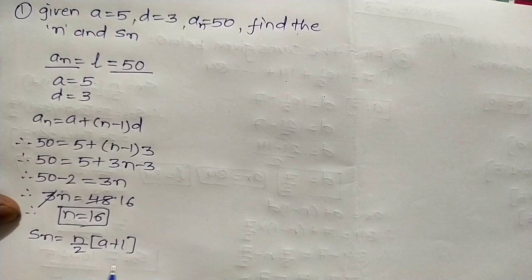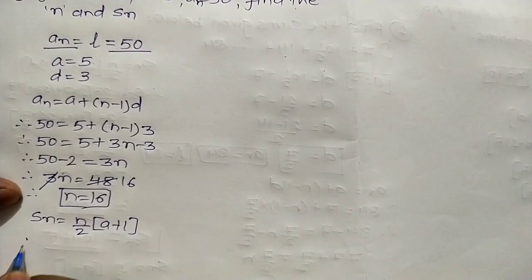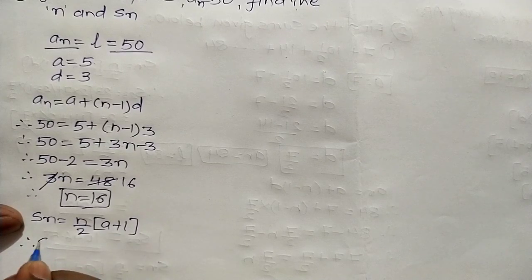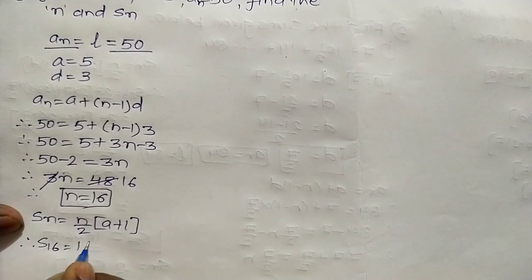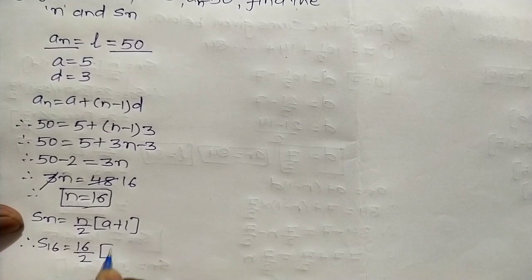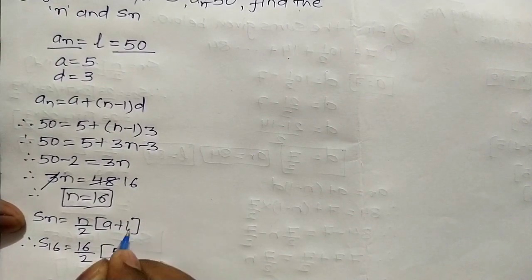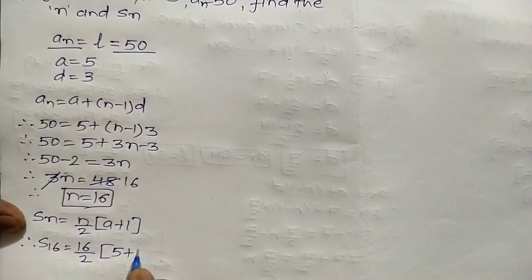Okay students, now substituting all the values in the formula, Sn as 16 upon 2, and the value of a is given 5, and l is the last term, that is 50.